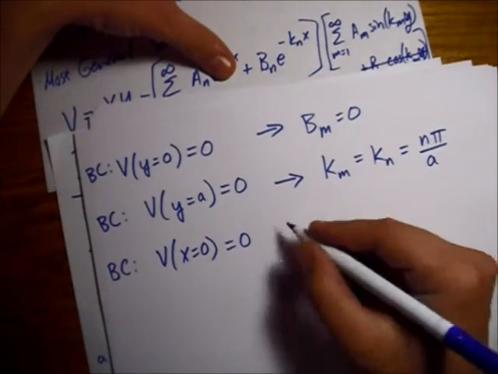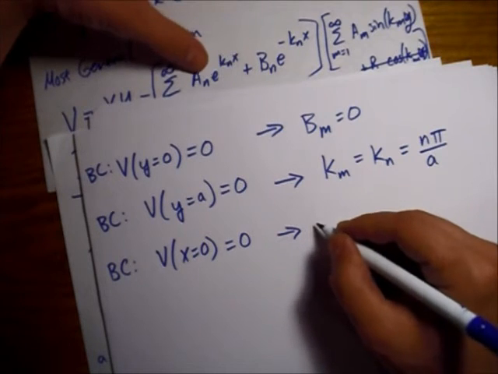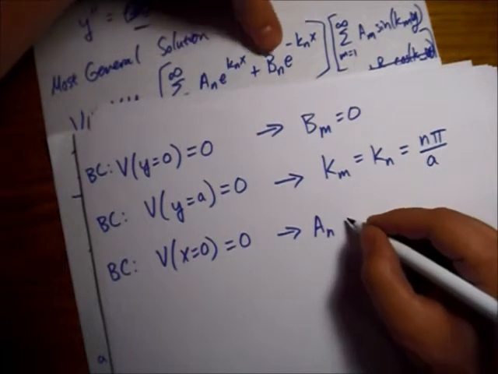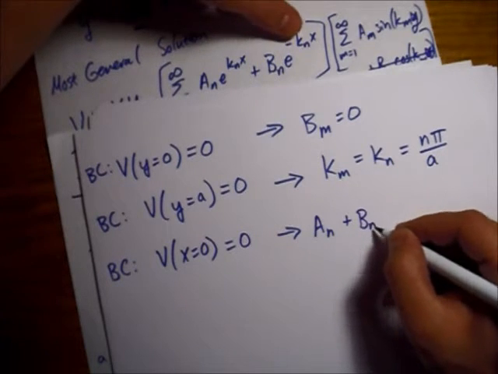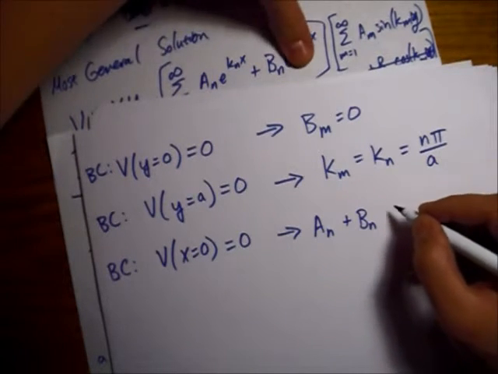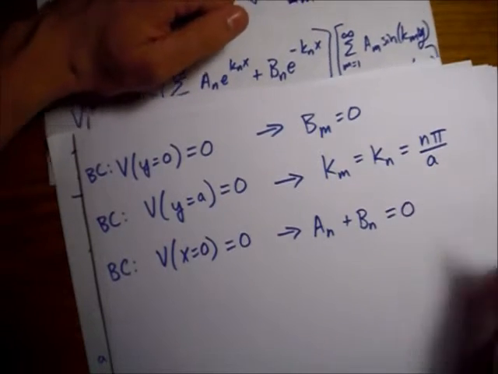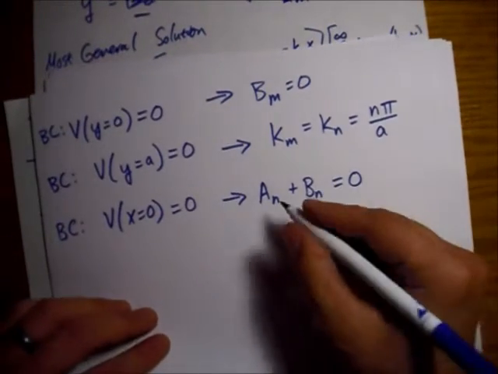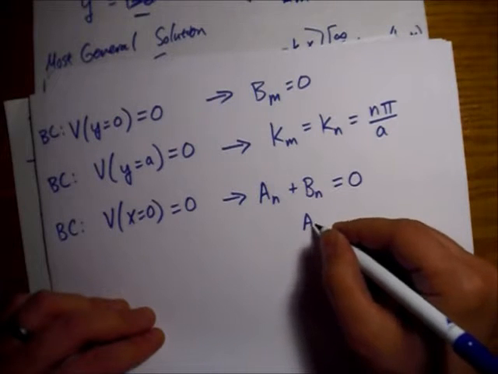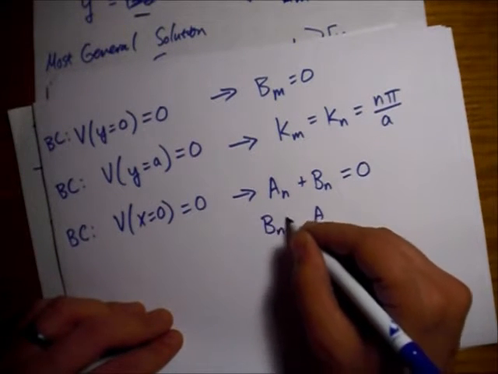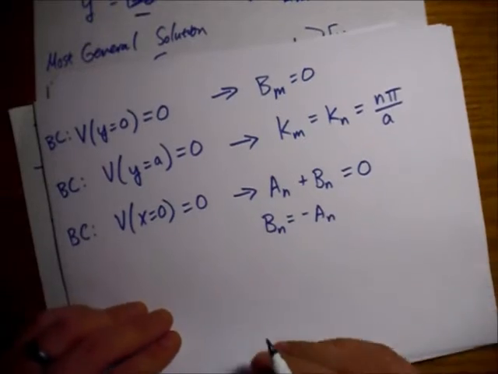So that tells me that a sub n multiplied by 1 plus b sub n, again multiplied by 1, is equal to 0. Or in other words, let's write it this way, b sub n is equal to minus a sub n.